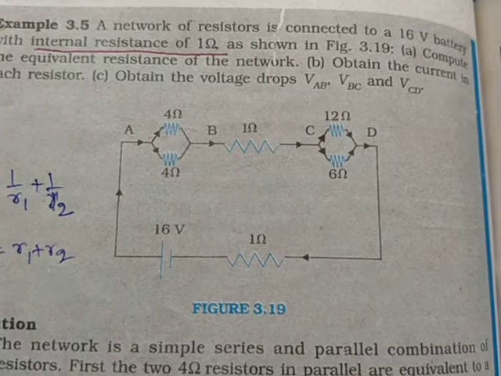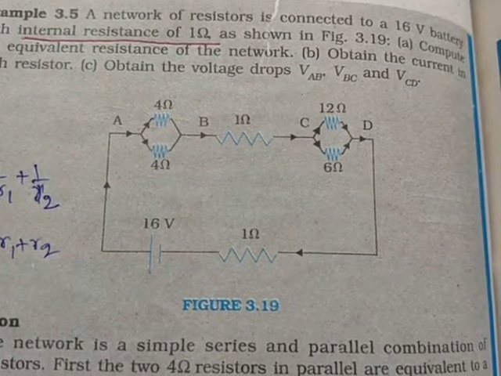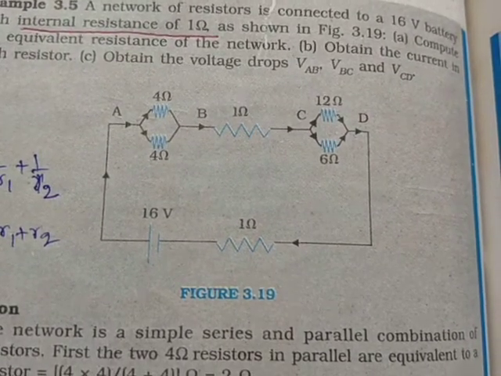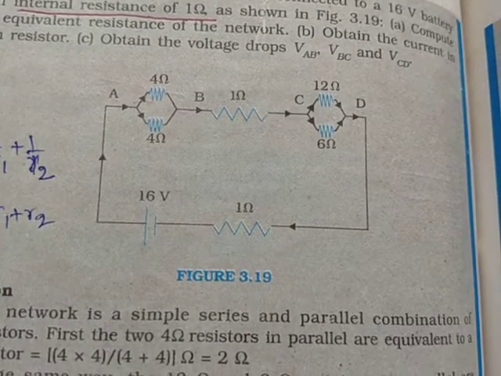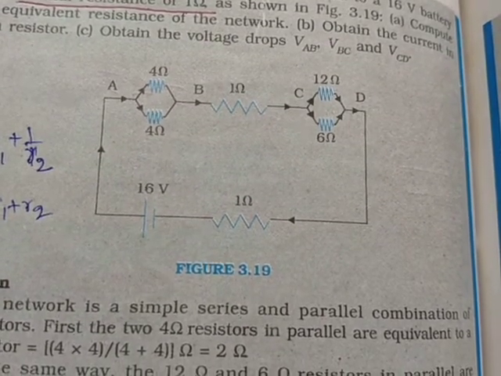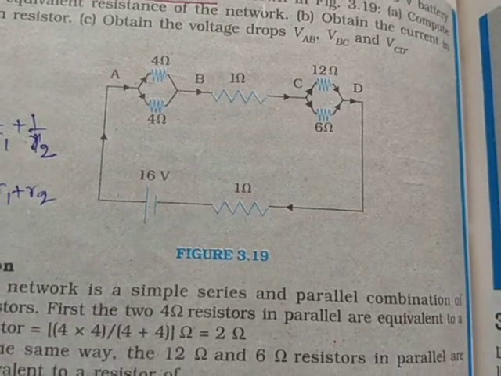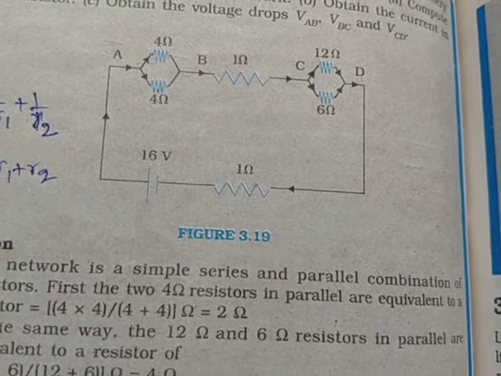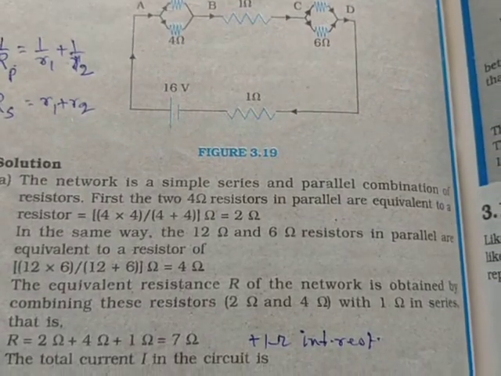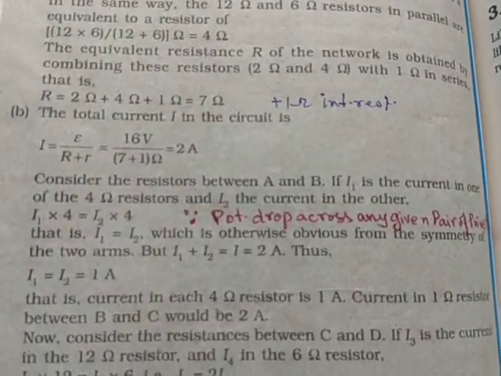But when we speak about current passing through the resistances between point C and D, we can apply it in the same way, but in this case the currents are not the same, because the resistances between CD in this parallel combination are different. One arm has 12 ohm and the other arm has 6 ohm.